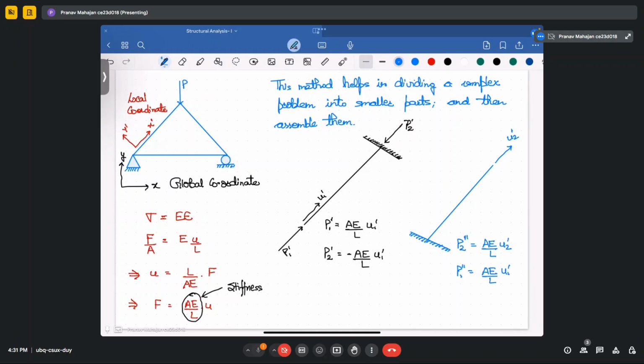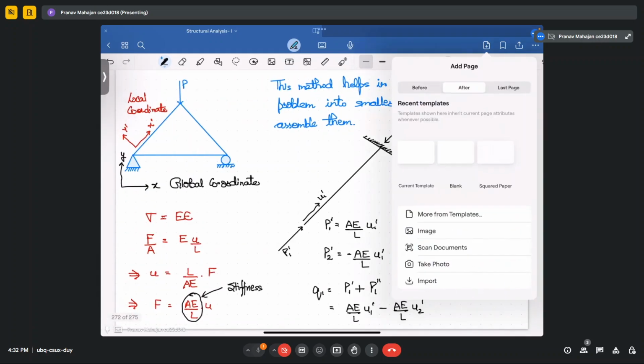Okay, so if you add up all the values, what you will get is your q1, which is the force that will be developed in the member, will be equal to p1 dash plus p1 double dash, and that would be equal to ae upon l u1 dash minus ae upon l into u2 dash.